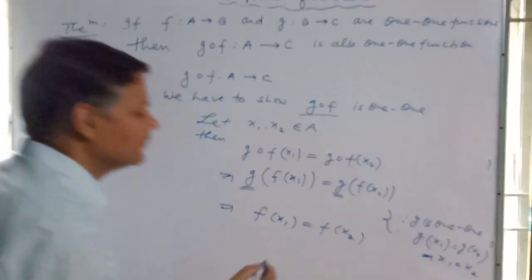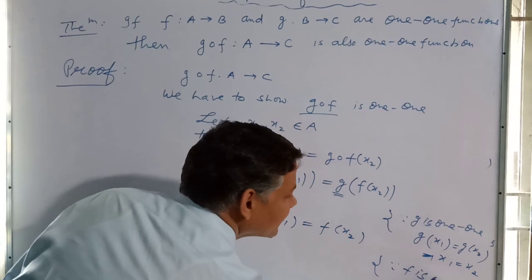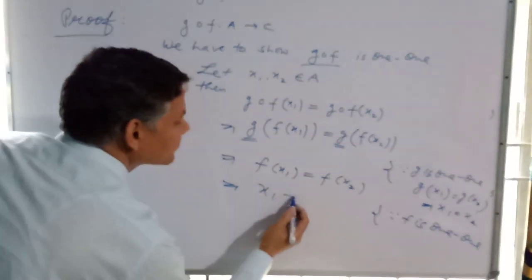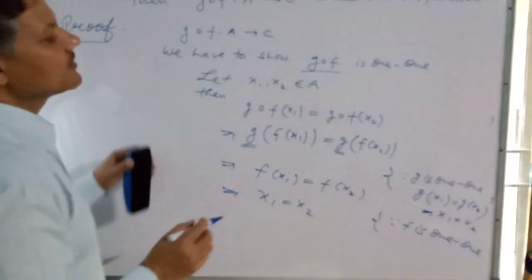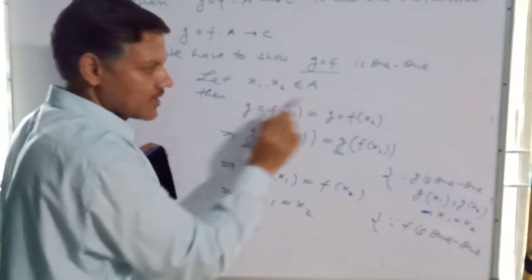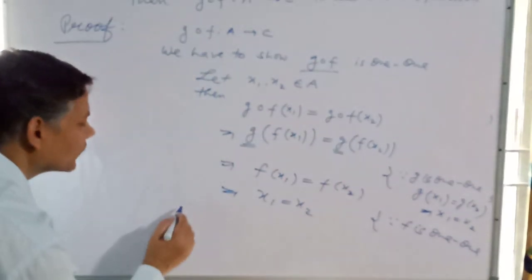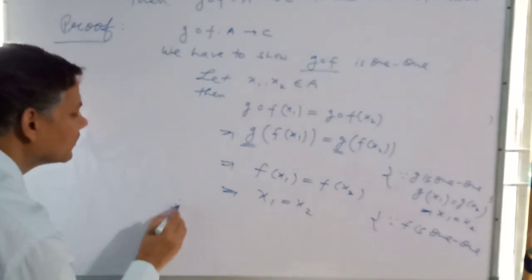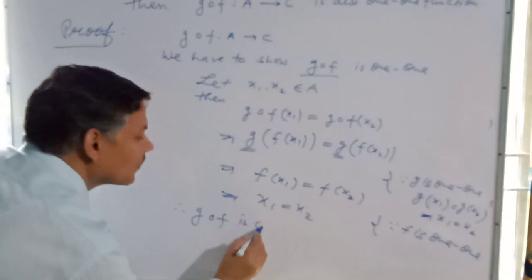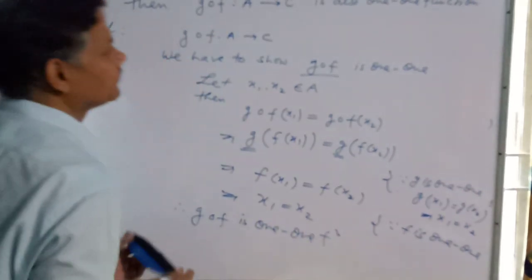Again f is 1, 1. Since f is 1, 1, it implies x1 equal to x2. Since when images of two elements under this function f composition g are equal, then we get they are also equal. Therefore, f composition g is a 1, 1 function.